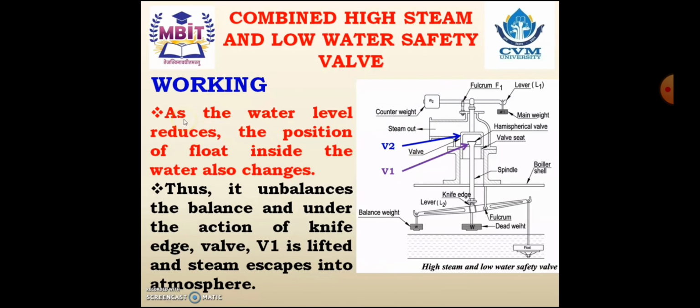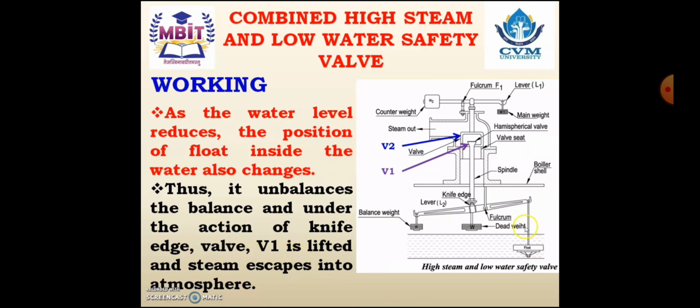Now let us see how it provides safety against low water. As the water level reduces, the position of the float inside the water also changes, and thus it unbalances the balance, and under the action of knife edge, valve V1 is lifted.